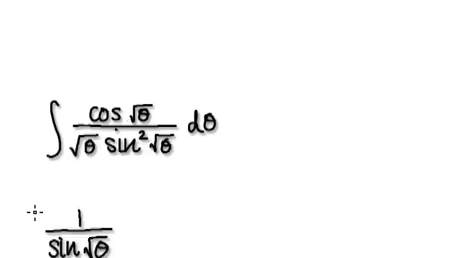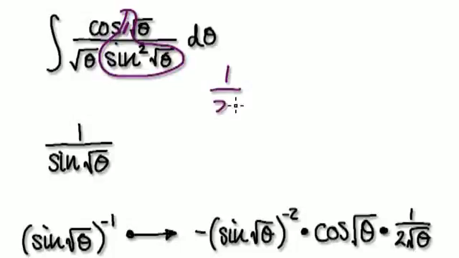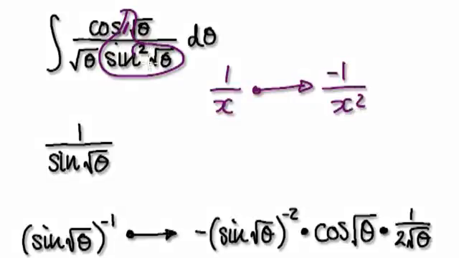Okay, so to do this, if you stare at this for a while, hopefully you can see something like this with a 1 on top. Well, if you differentiate 1 over x, it will give you negative 1 over x squared. You see this squared here?